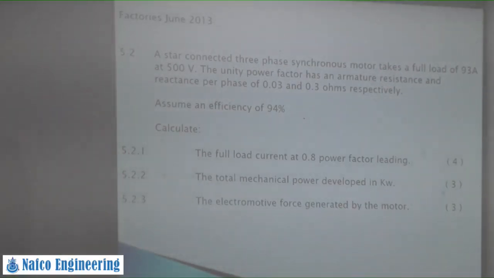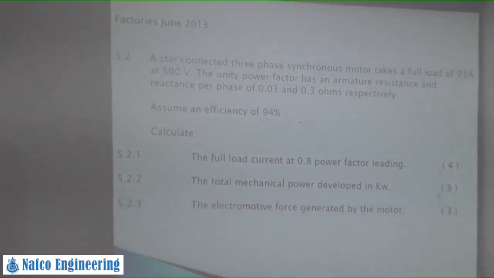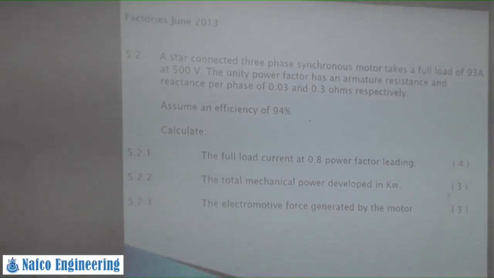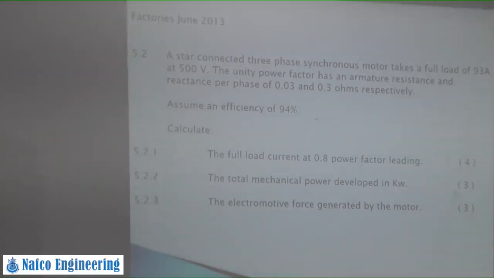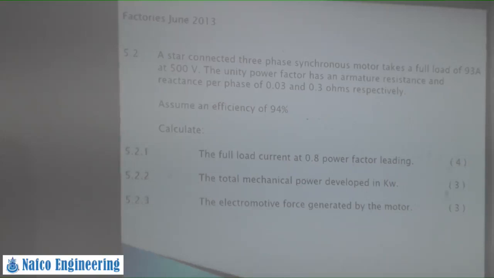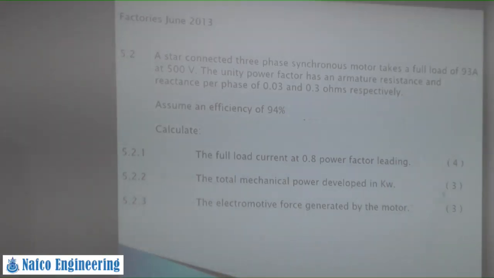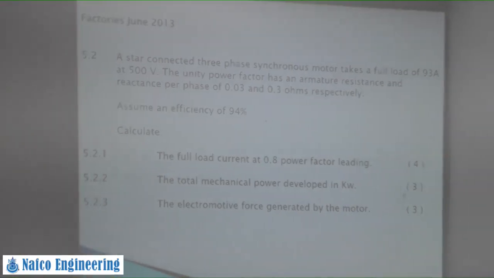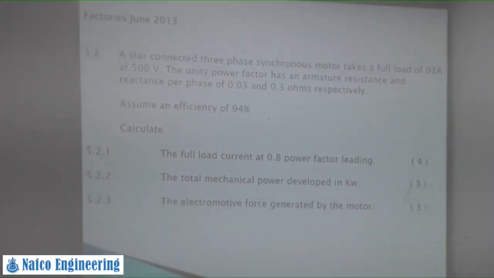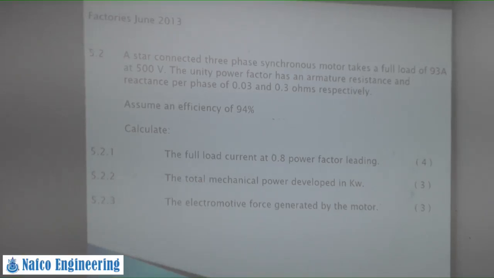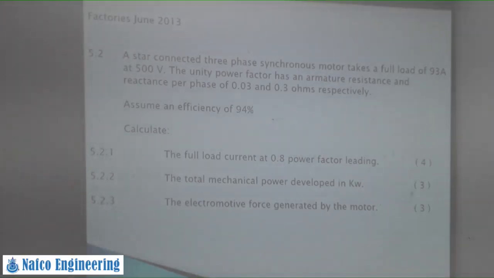In this kind of question, there are many ways of solving it. The first one: do you know that power factor is inversely proportional to the current? If power factor is low, what happens to the current? It goes up. Yeah. So I is inversely proportional to power factor.